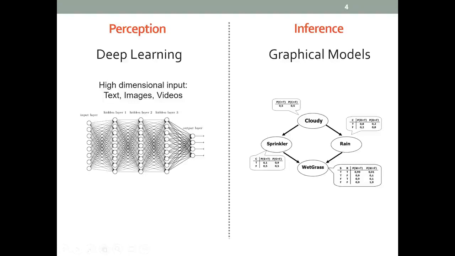And these models are particularly suitable to handle these kinds of tasks because they can naturally handle these conditional dependencies and complex relations among different variables. So if you look at this graphical model, it particularly tries to reason about the probability of wet grass given the probability that the sprinkler is on or that it's raining outside. However, graphical models typically cannot handle high dimensional signals efficiently.